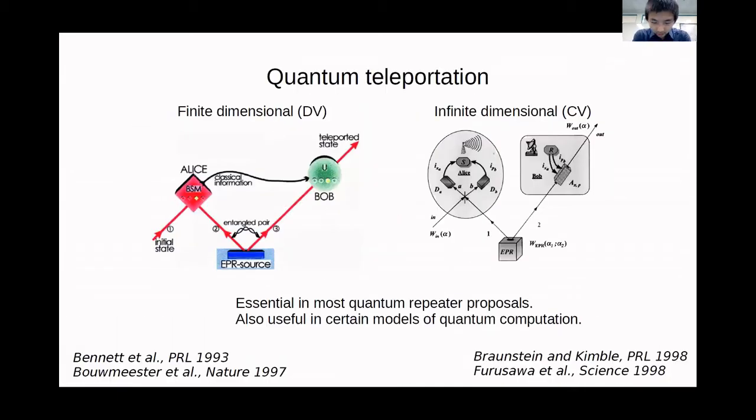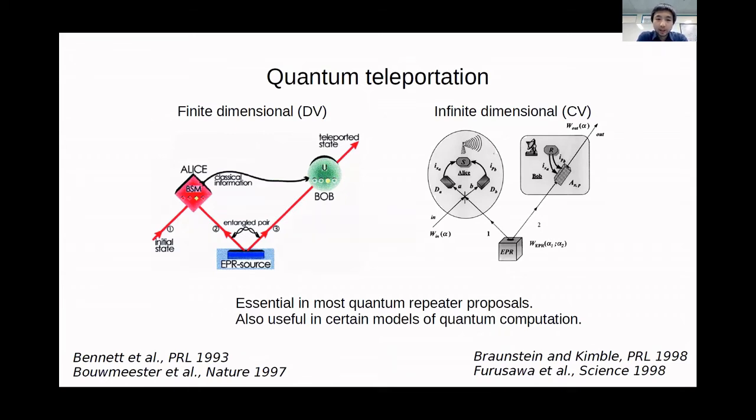So quantum teleportation, as many of those in the audience would know, is a very important device in quantum communication and computation. In teleportation, we prepare a source of entangled states.